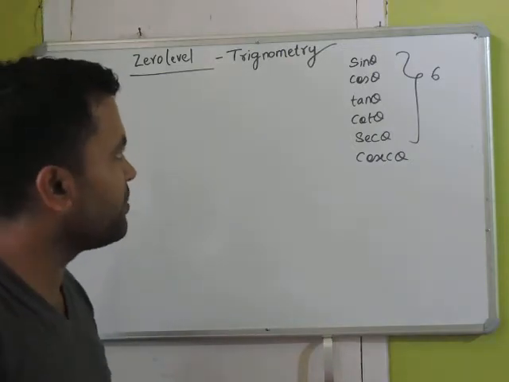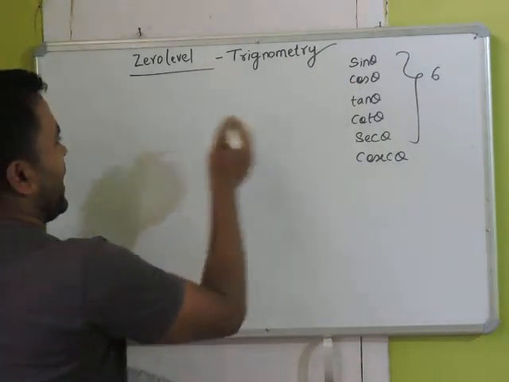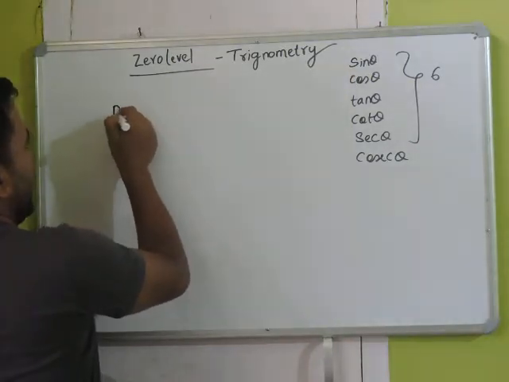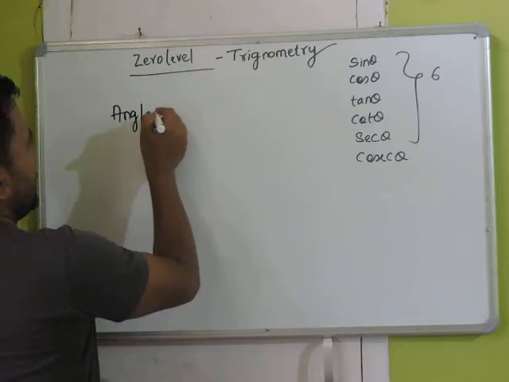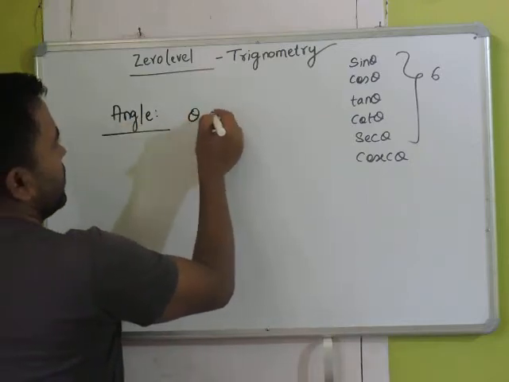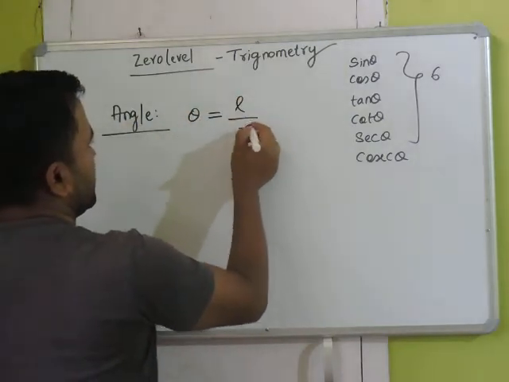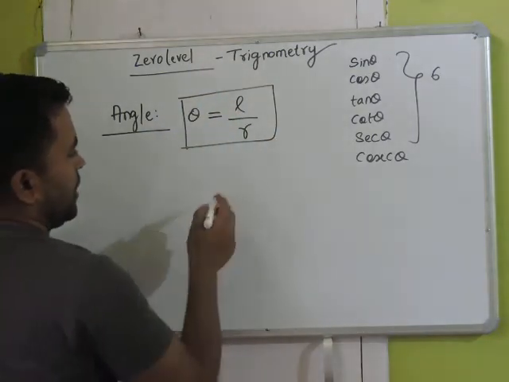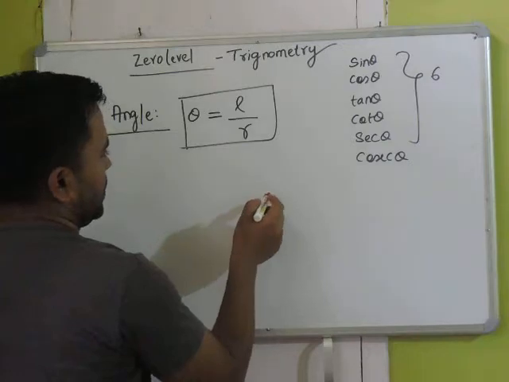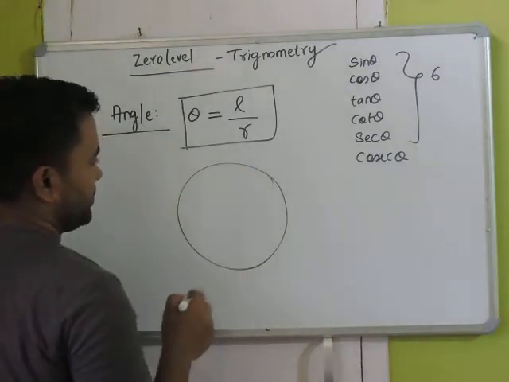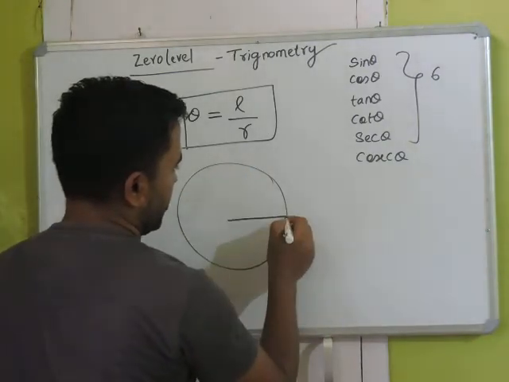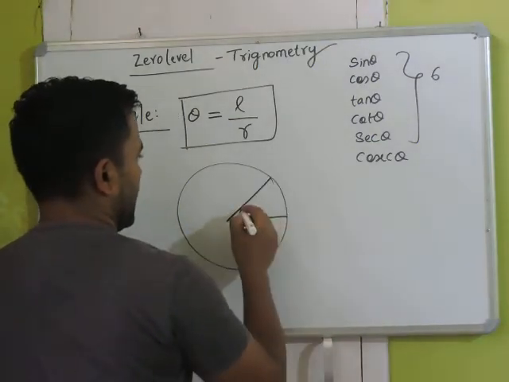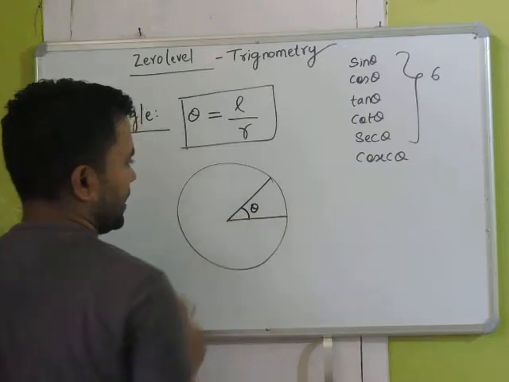Now, first let us define angle. This is called plane angle. So angle theta is defined as L by R. Now what is L here? Imagine a circle, and suppose you move from here to here, and you subtend an angle theta.